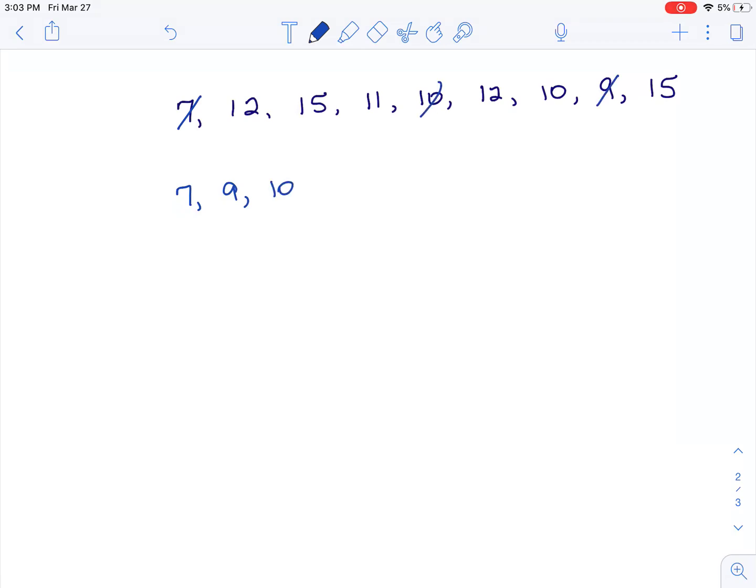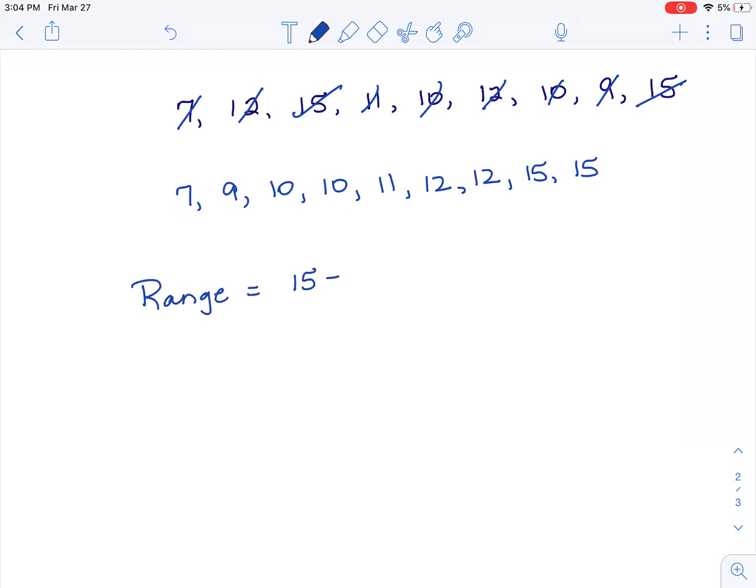And 10. And another 10. And 11. And 12. And another 12. And 2 15s. Okay, if I ask you for range, range is when you take the biggest number, 15, subtract the smallest number, 7. I said 8, goodness gracious. 15 is my biggest number, 7 is my smallest number, 15 minus 7 is 8. That's my range.